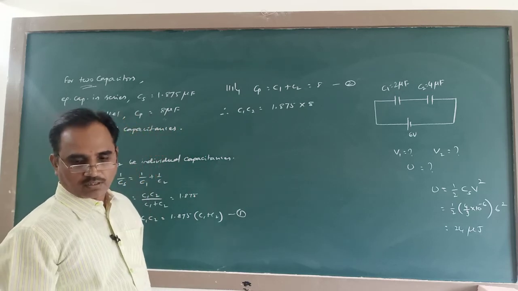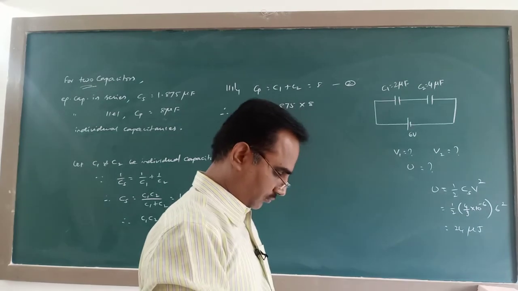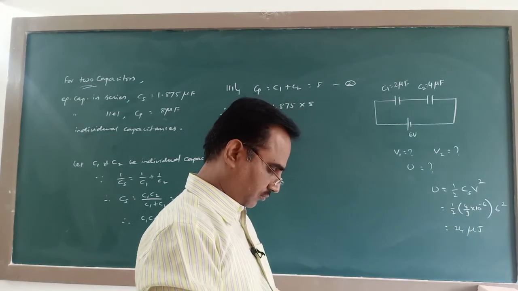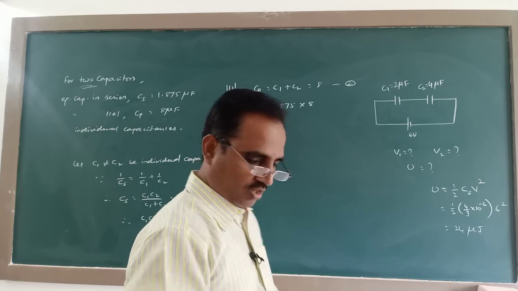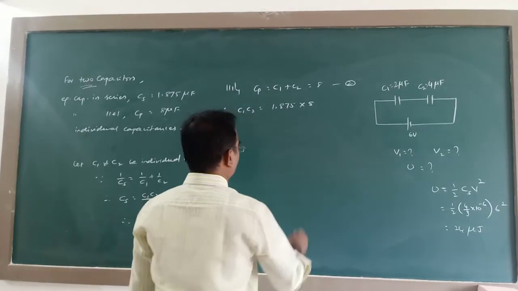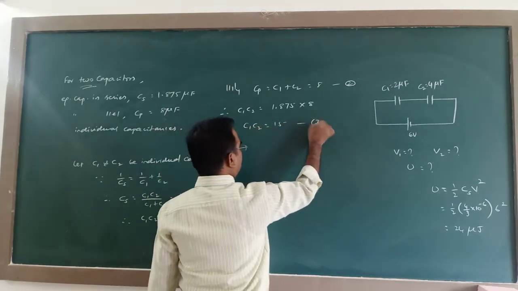You do this calculation. How much you get? So C1 C2 is equal to 15. This is equation 3.